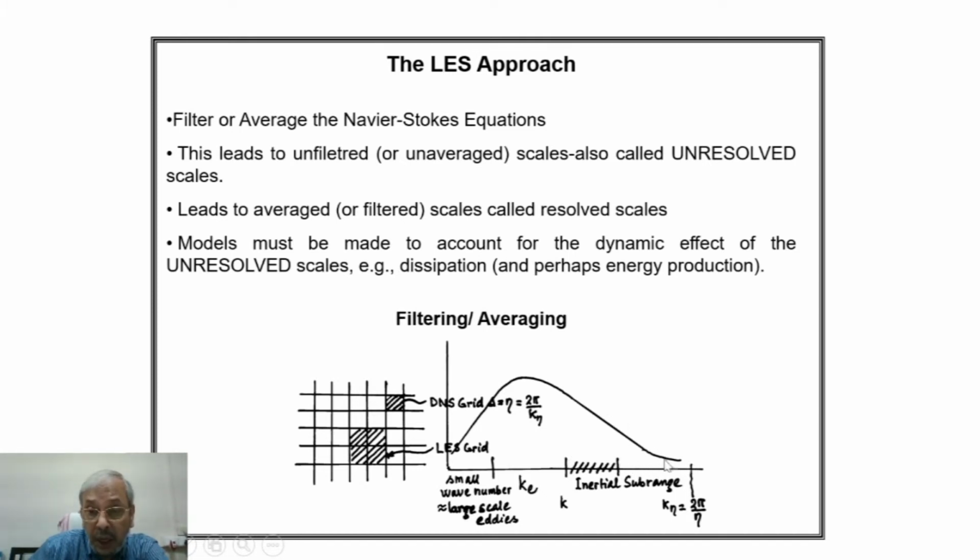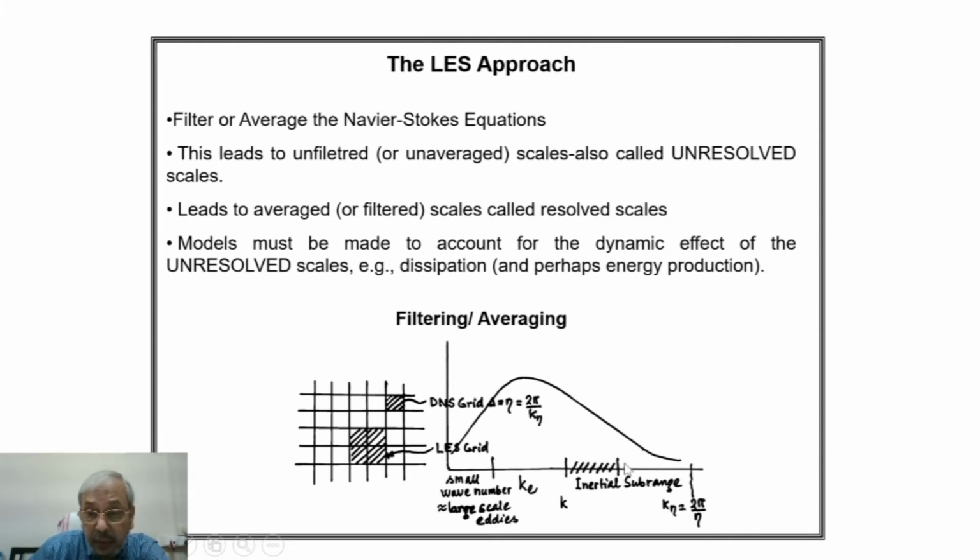So if we want to capture the entire spectrum, we have to use grids where you can see the grid size is given by 2π by kη, and this k is wave number.